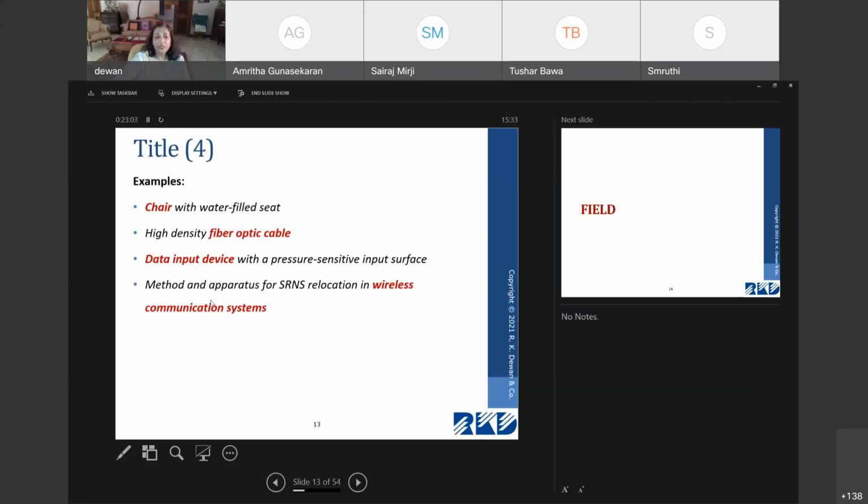Here again, wireless communication systems is the subject matter, and then method and apparatus for SRNS relocation. Here I'm pointing to a specific feature in this subject matter.